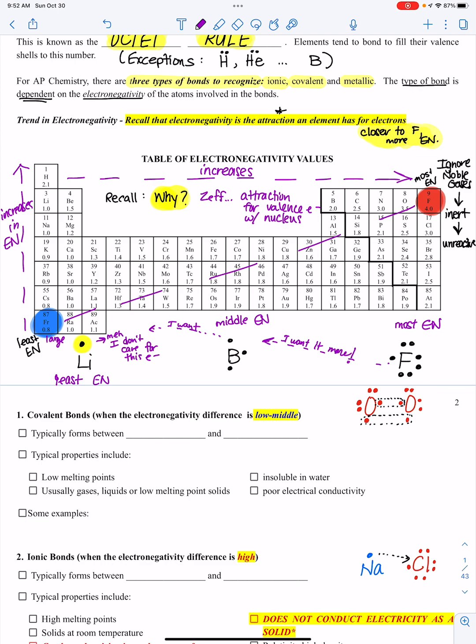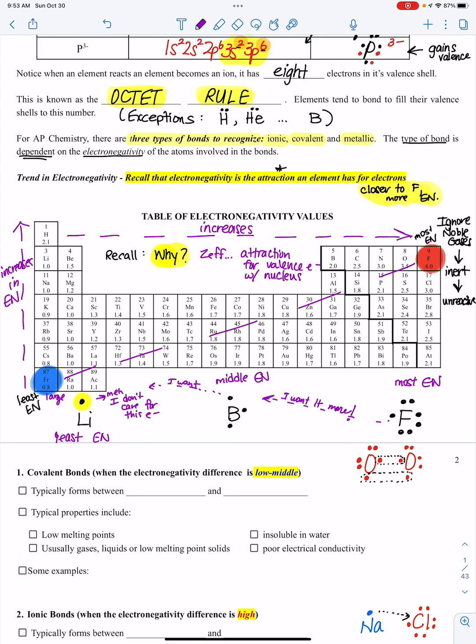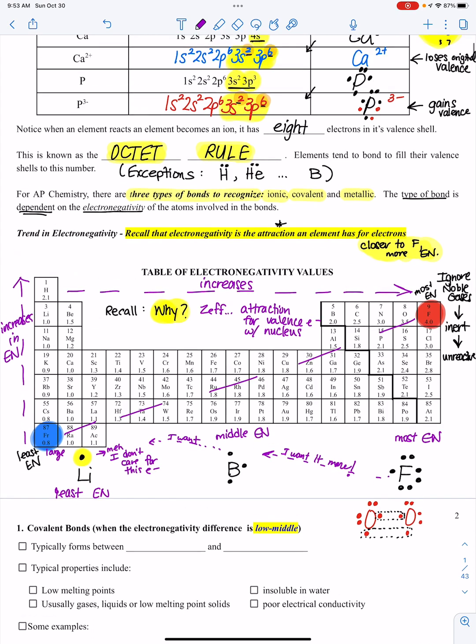So that's what electronegativity means as far as elements, like the attraction elements have for electrons. Fluorine would rather have lithium's electron more than boron would, and that's because of effective nuclear charge and all those coulombic attractions. I will just end with this information, saying that there are exceptions to the octet rule.